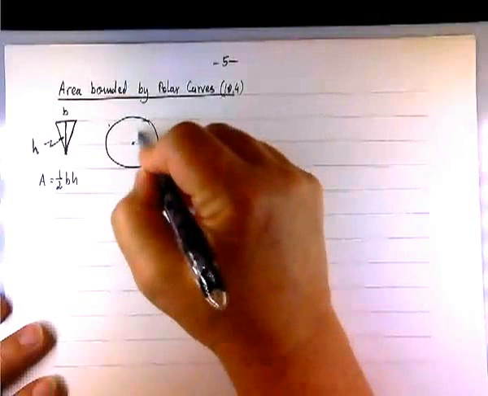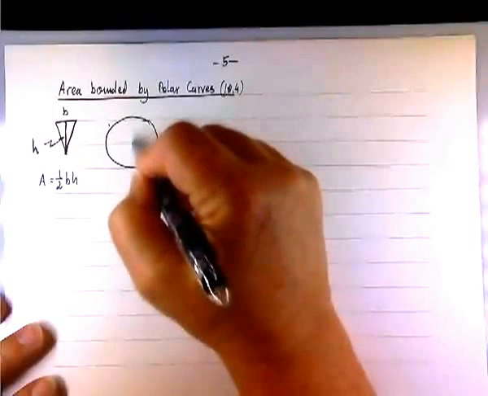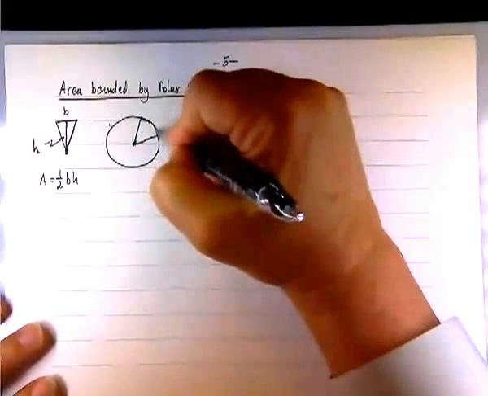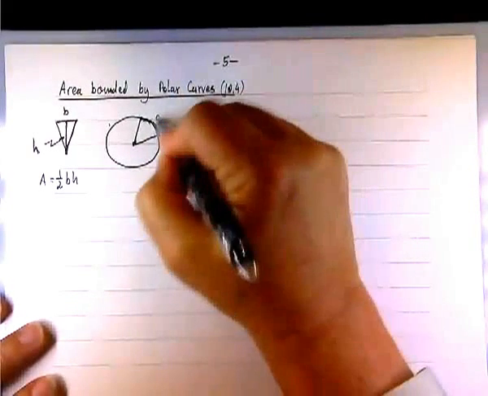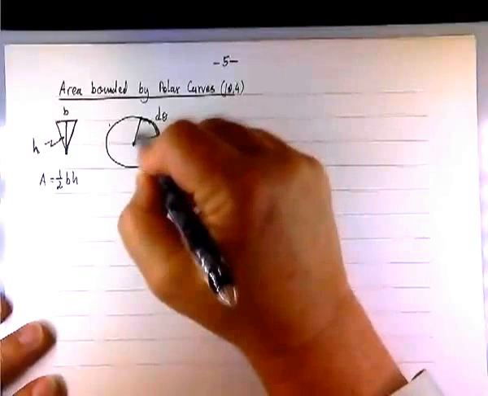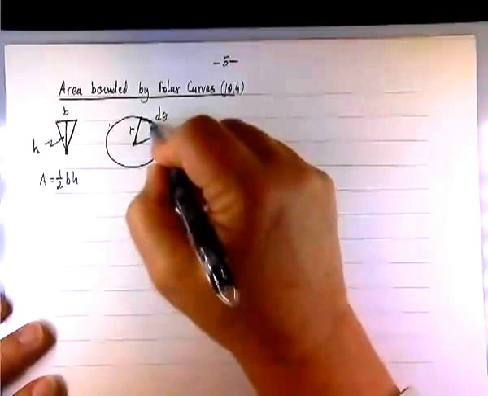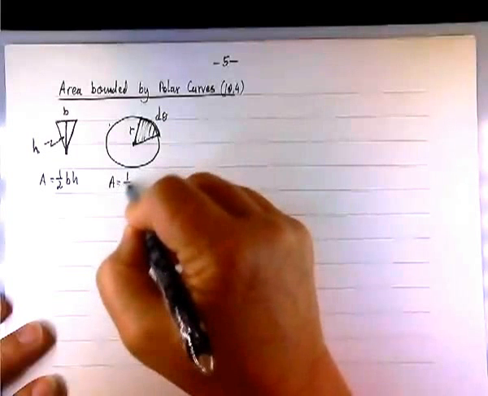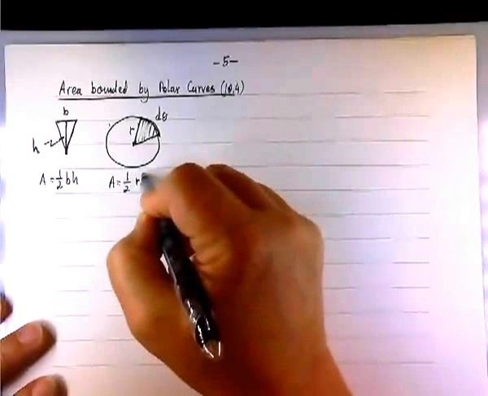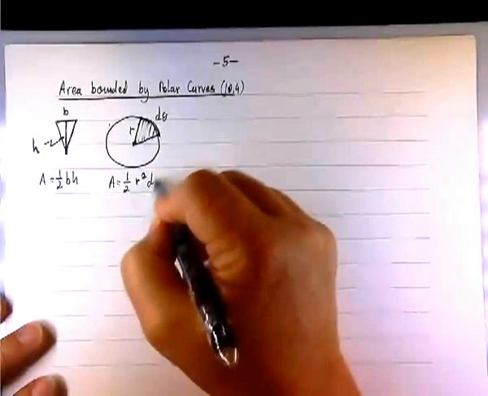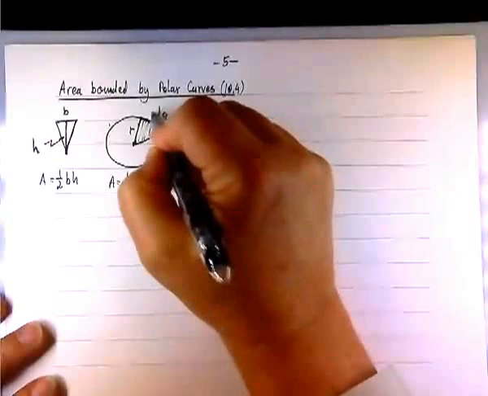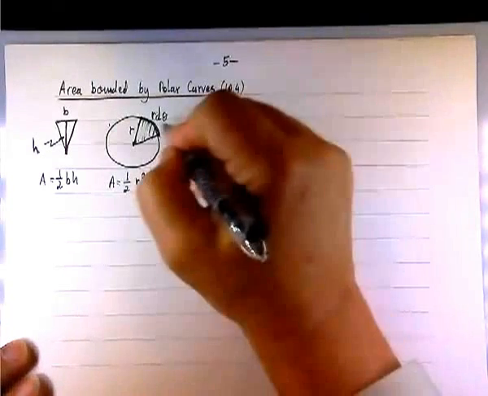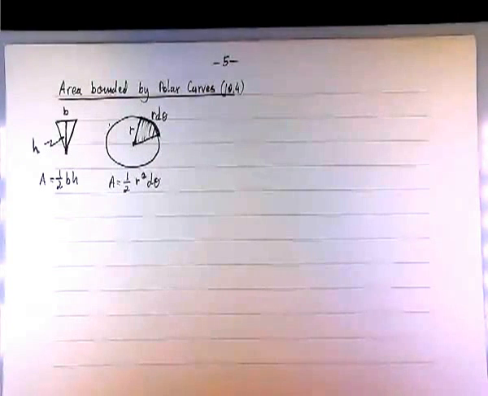Actually in Calc 1, if you had a circle, let's say a sector that goes like this, the arc length was r theta, and the area of the sector was 1/2 r squared theta.